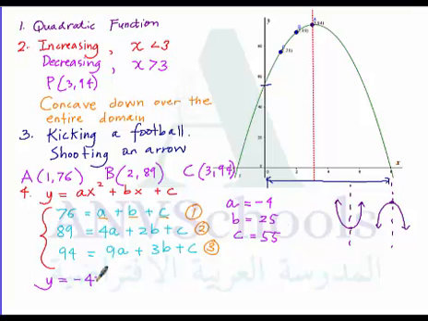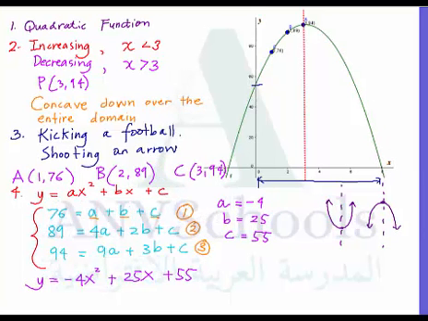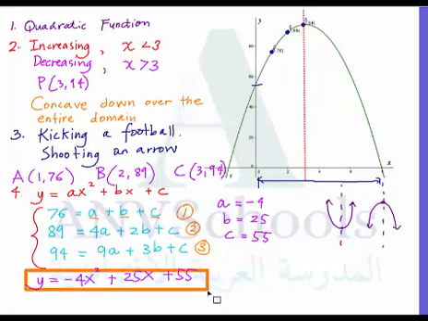So I got negative 4x squared plus 25x plus 55. This is our equation.